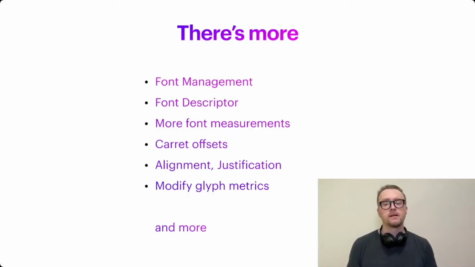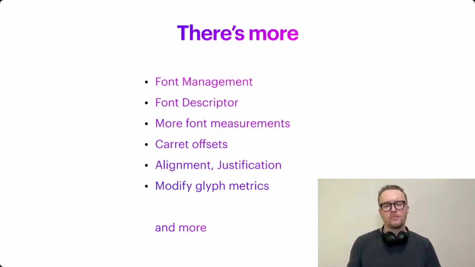But there's more in CoreText. There's more that we won't cover today, but I encourage you to go through the documentation and look there. There's font management, and this is a whole new topic, very powerful. There's the font descriptor, which is part of font management. A font descriptor is like a builder for the font.